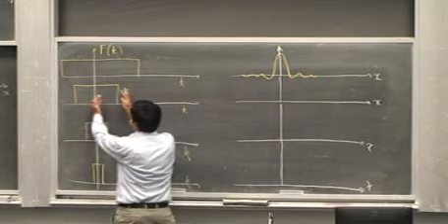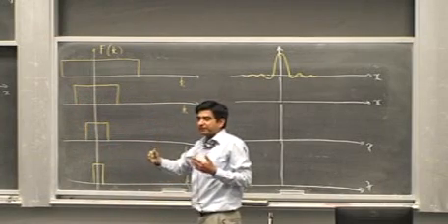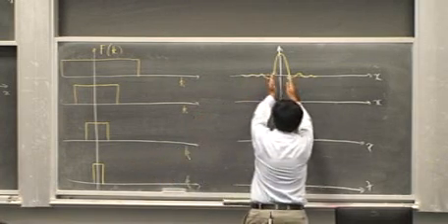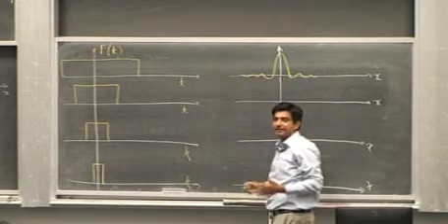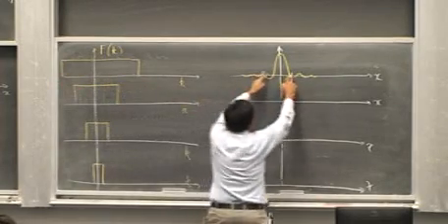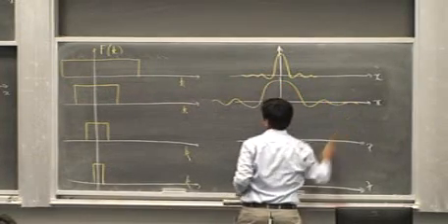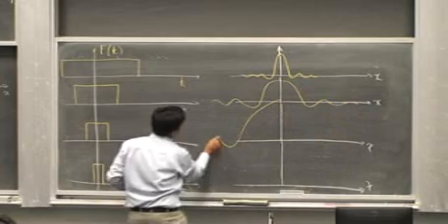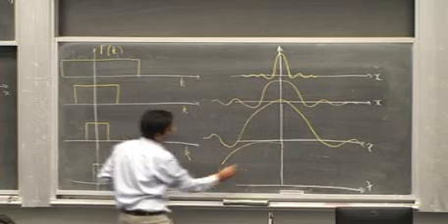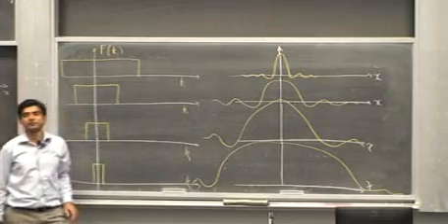Now if I narrow the range of k values, that is I add component waves with a smaller spread of spatial frequencies, this pulse widens in the real space, because there is an inverse relationship between this width and this width. So this pulse will become wider. This will become even wider. And this will become even wider. So this is the uncertainty principle.